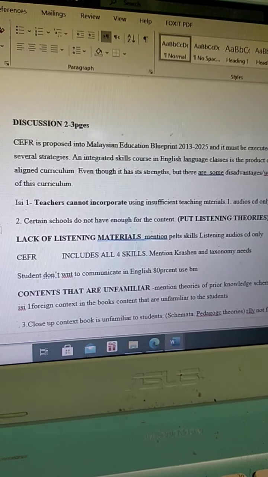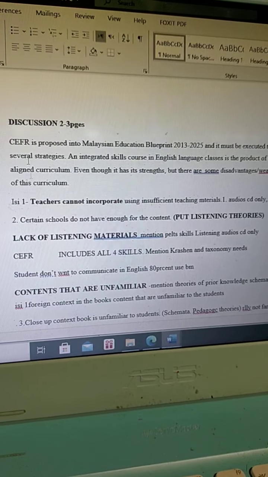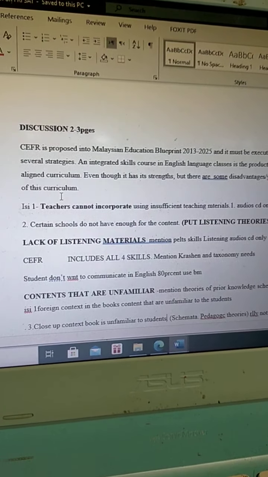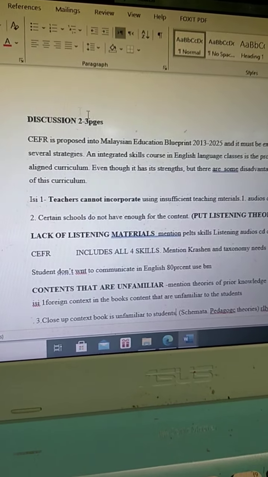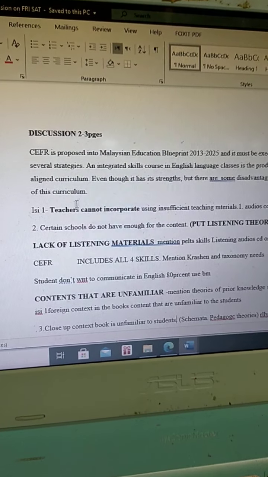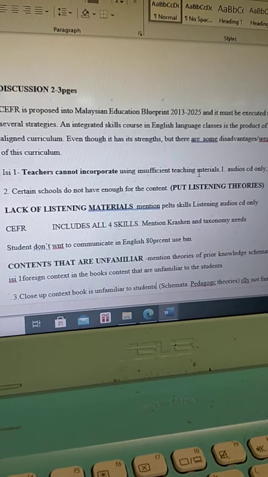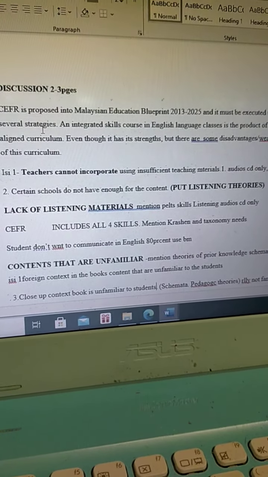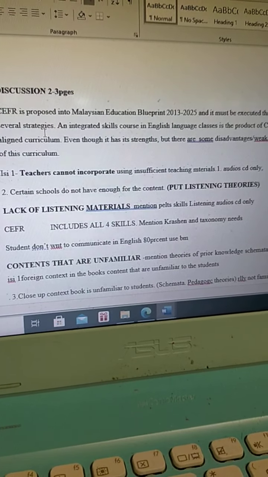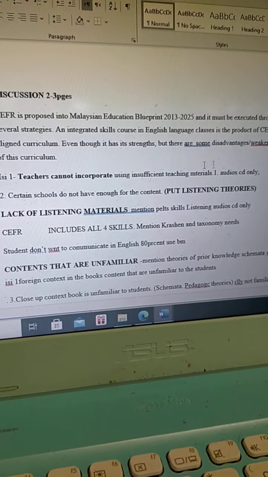Okay, and then the second part is apa problem in that CEFR, in that particular issue. Contoh CEFR ni is hard to be implemented because teachers cannot incorporate the strategies using insufficient teaching materials. Sebab kita masih lagi baru dengan CEFR, so buku pun baru dan cikgu-cikgu pun susah untuk dapatkan teaching materials.